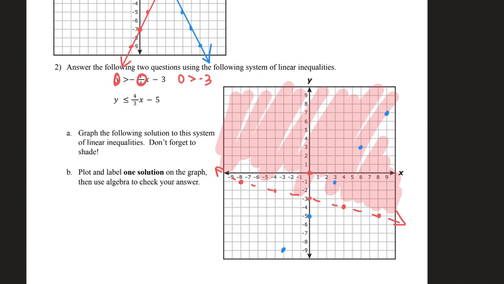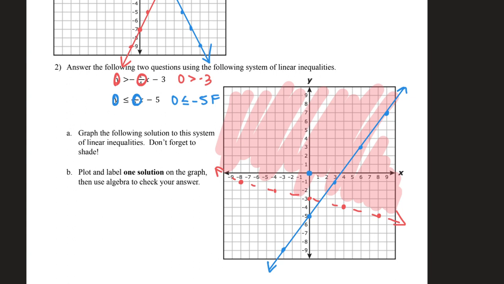This line is going to be solid since it is a less than or equal to symbol. And now I'm going to go ahead and test my point. So I'm going to plug in 0, 0. So 0 is less than or equal to 0 minus 5. So 0 is less than or equal to -5. That is false. All right, since that's false, my test point was right here, which means I'm going to shade the other side of my line.